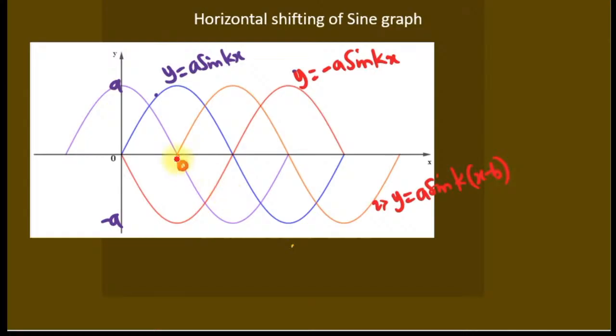But if I shift it to the left by b units, here it is now minus b, so this graph will be y equal to a sine k bracket x plus b.